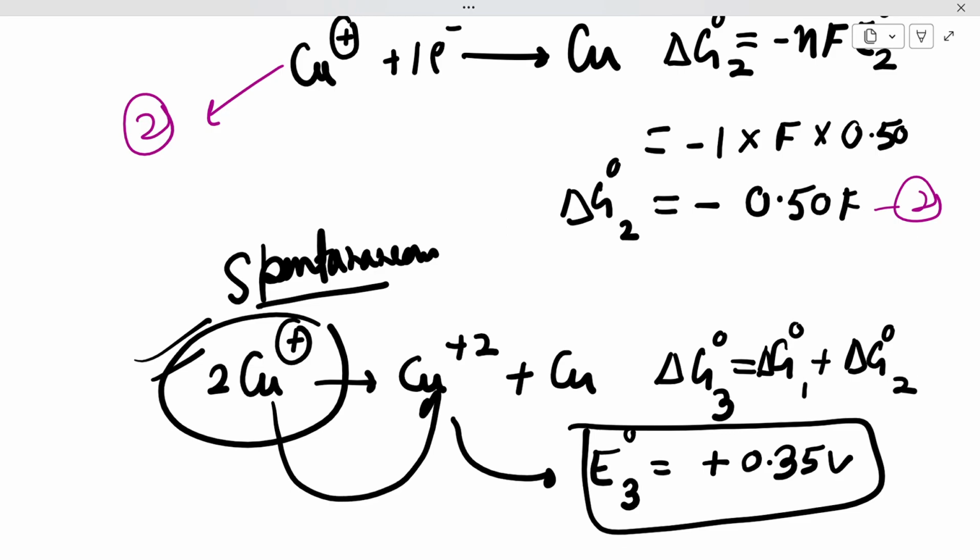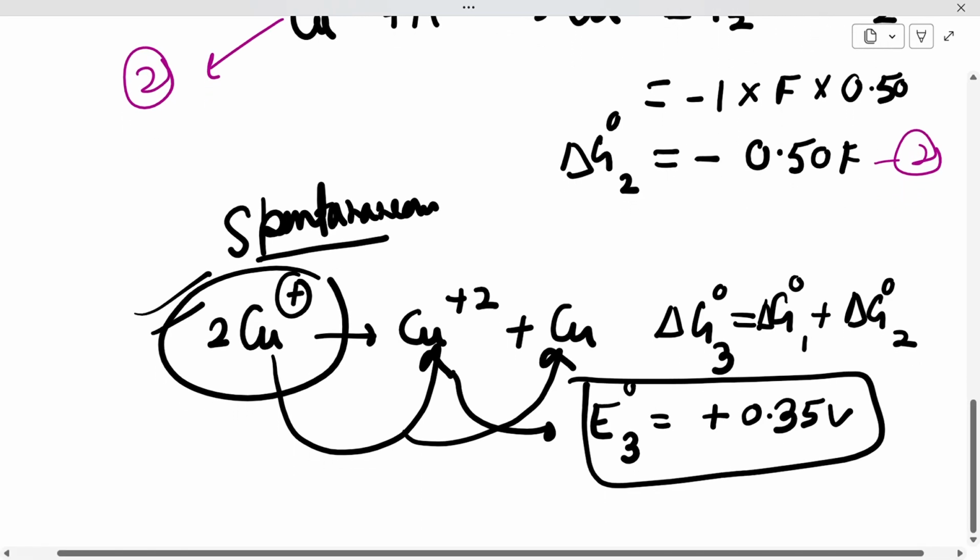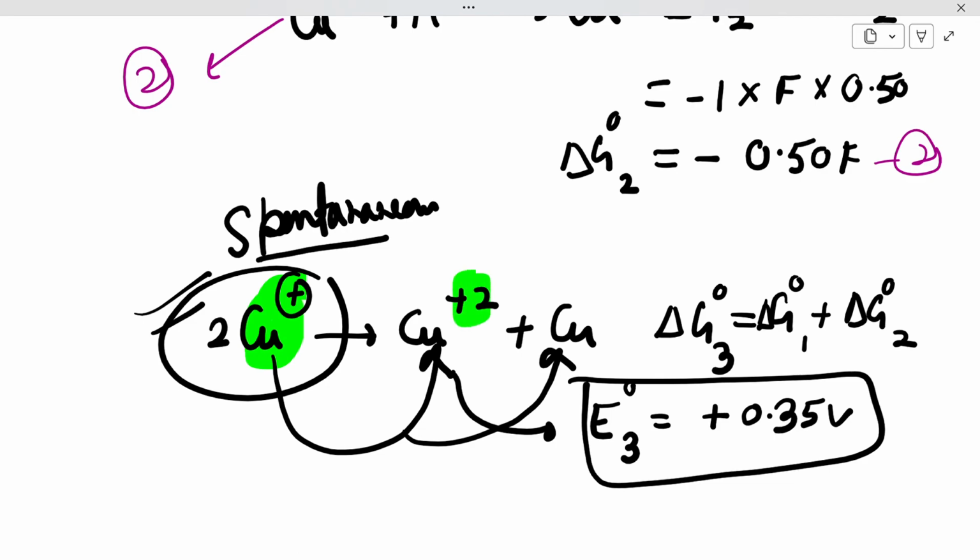That's why we can say this reaction is spontaneous. This means Cu plus 1 can convert into Cu plus 2 as well as into Cu. So that is the definition of a disproportionation reaction.